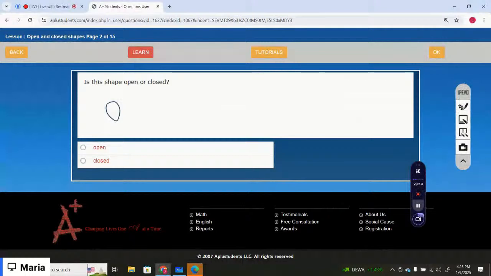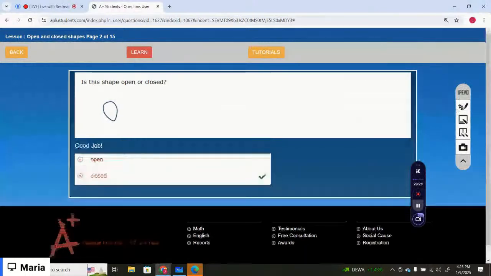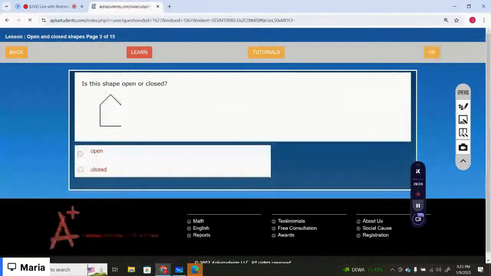Is this shape open or closed? Closed it is, right? Is this shape open or closed? Open it is.